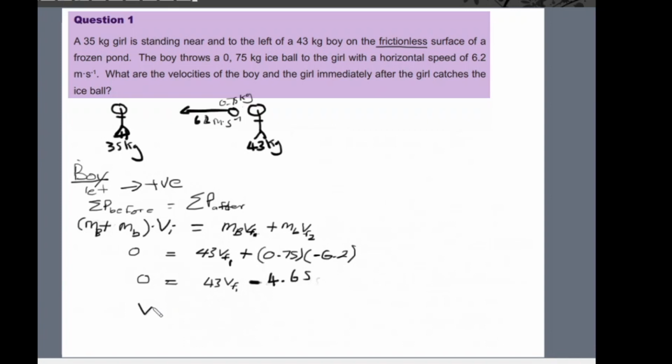And then the final velocity of the buoy is 4.65 divided by 43. So 4.65 divided by 43, it's 0.108 meters per second to the right.